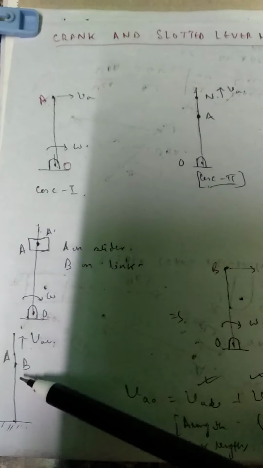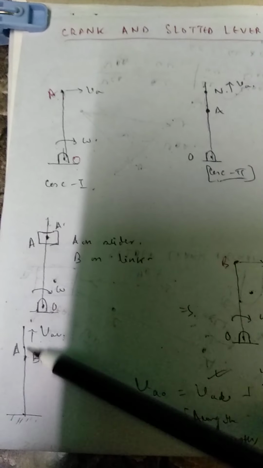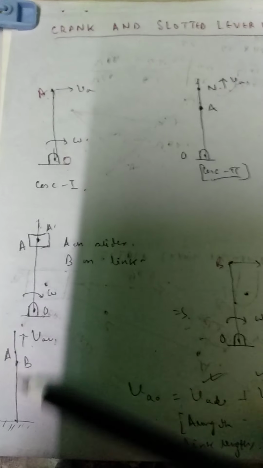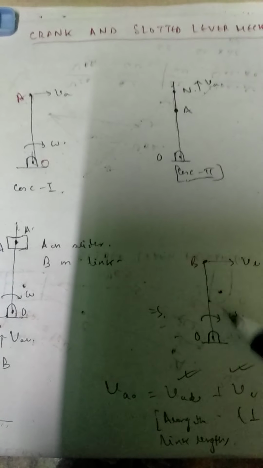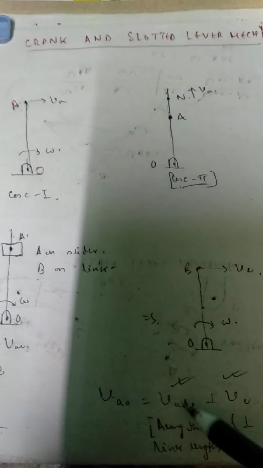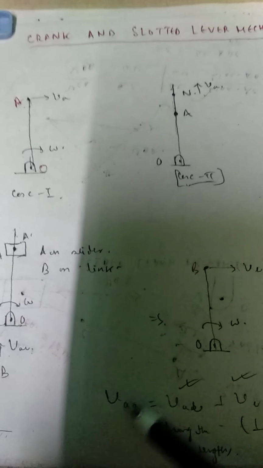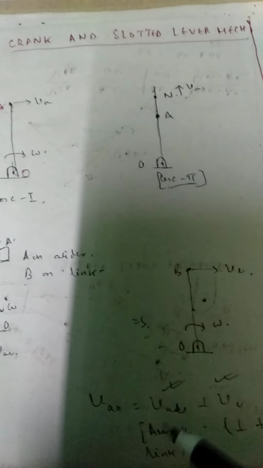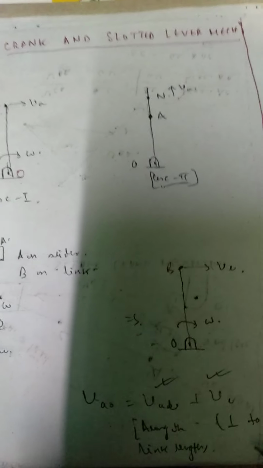While deriving this, we considered the link to be fixed, but actually it rotates with velocity omega. So the actual absolute velocity VAO will be VAB plus VB.